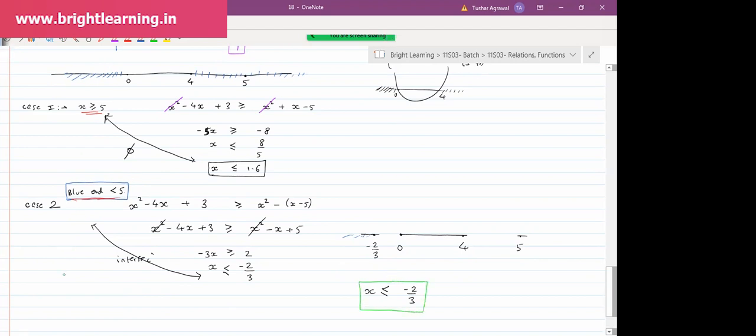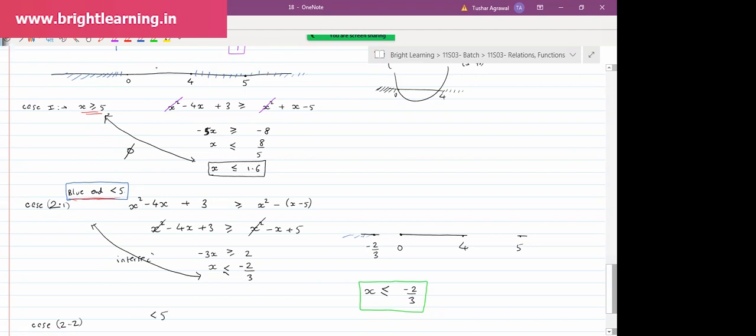This is my one answer. Okay. And case 3, or for that matter, this was case 2.1 because we were doing less than 5. Okay. And case 2.2, less than 5 only we were dealing.